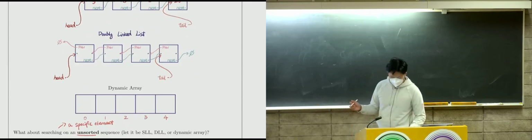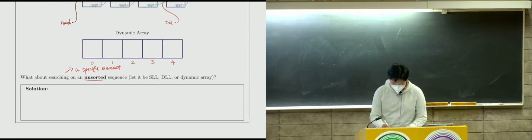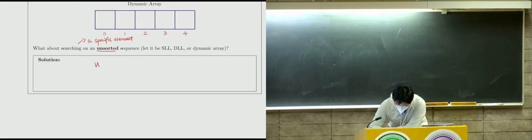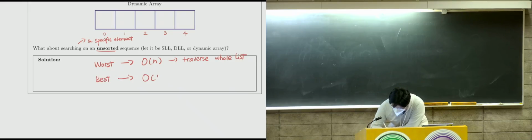Yes. So the worst case is O(n), because you need to traverse the whole list. And the best case is O(1), constant time, when it's the first element.